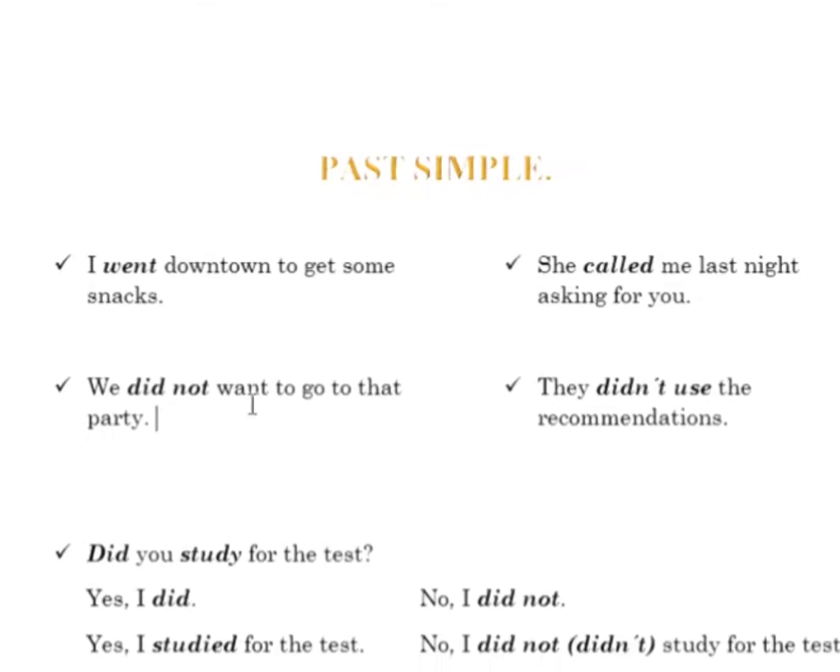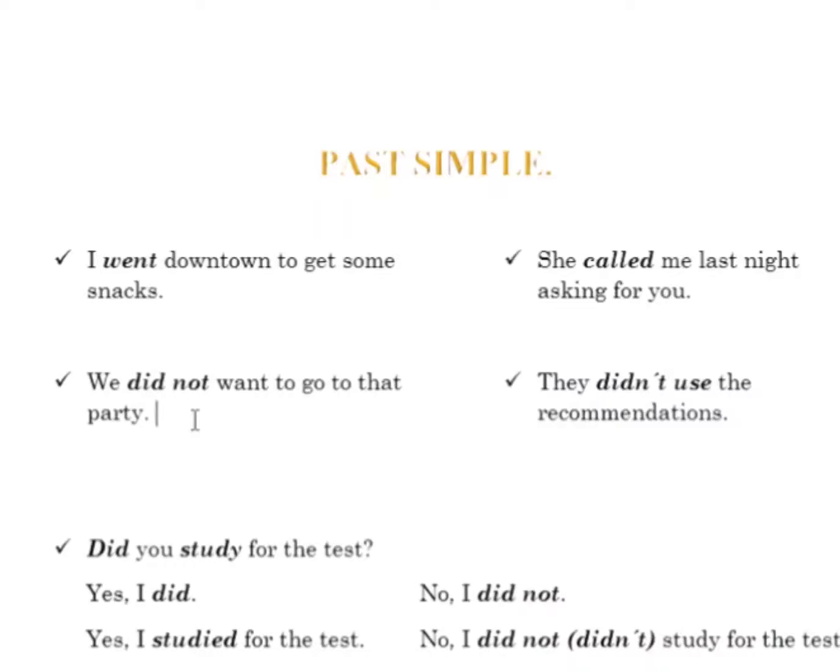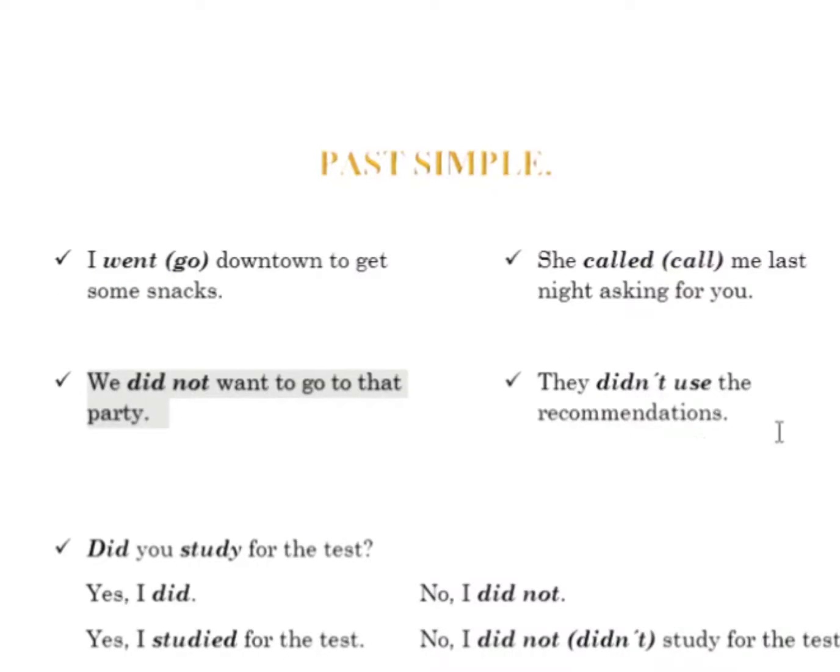So we have to change the verb form only in affirmative sentences, like in these two cases. Went is the past form of go, and call is the past form of the verb call. Now, in these cases, we say we did not want to go to that party, or they didn't use the recommendations.